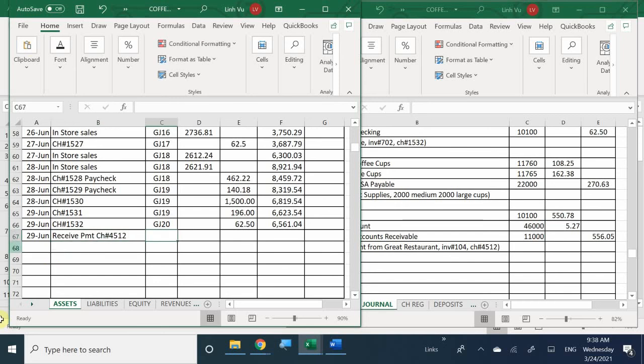Okay. I guess I'm gonna try to squeeze in here invoice number 104. All right, general journal 20, and we received money for 550.78. Good. So what is my new ending balance?